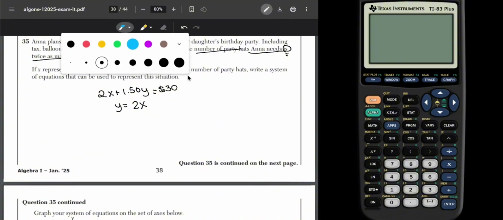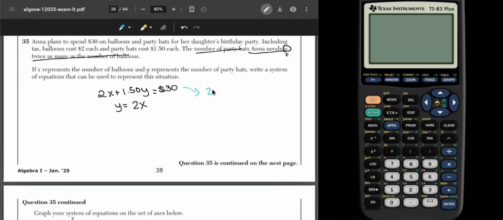I need to isolate my y in order to write it as y equals. So I'm going to subtract 2x on both sides. 1.50y is equal to negative 2x plus 30. And then I'm going to divide by 1.50. So y is equal to negative 2 over 1.5 x plus, now I can do 30 divided by 1.5.